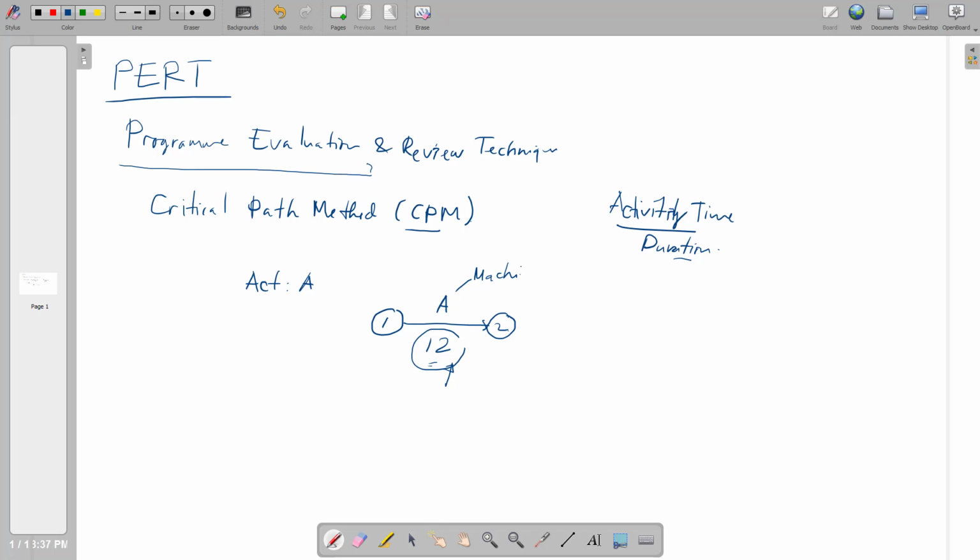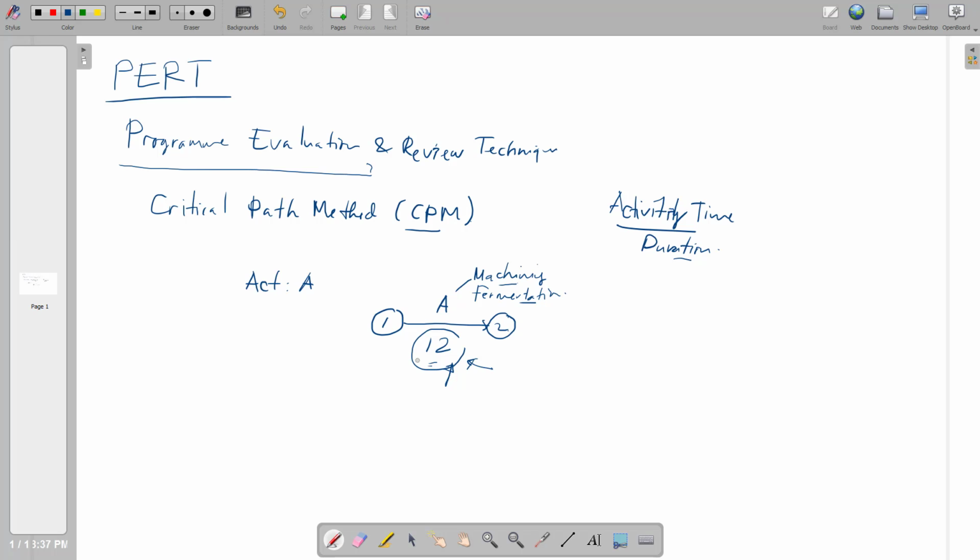Those who are in manufacturing probably know about machining, like when you are doing your FYP or IDP, you have to perform machining as one of your tasks, and then you set your duration. Or those in biotechnology may have fermentation as part of their FYP. Whatever it is, you will set the activity together with the duration.